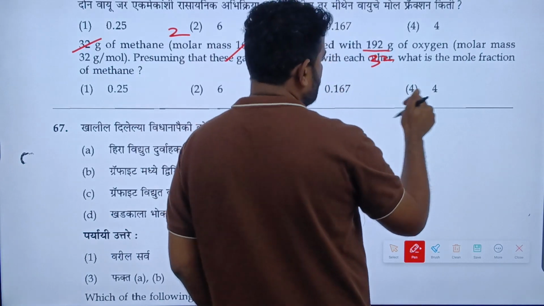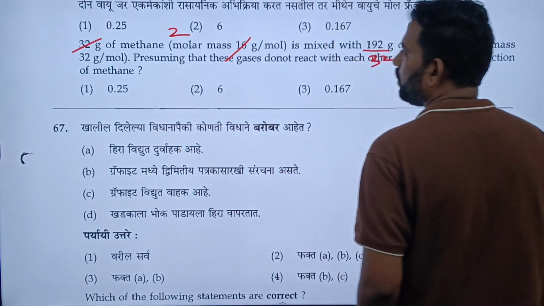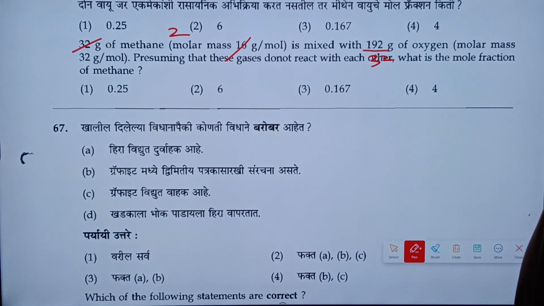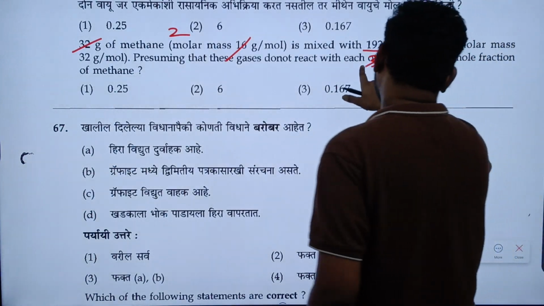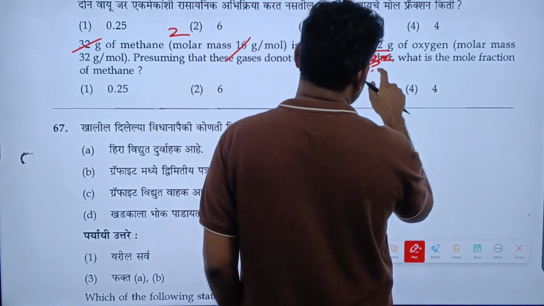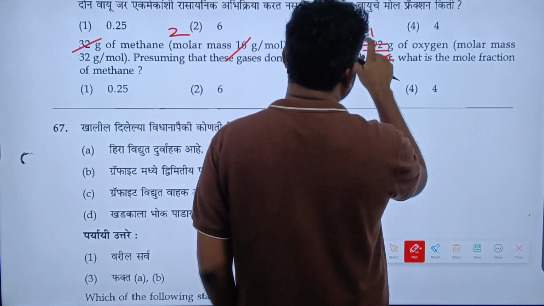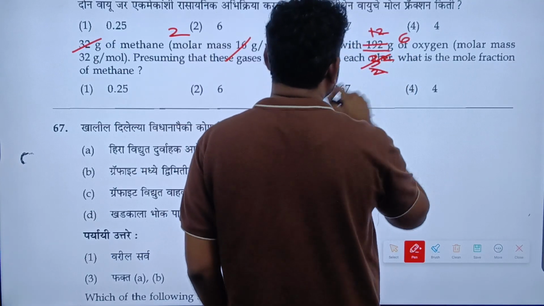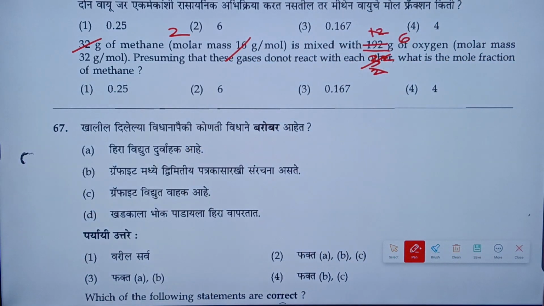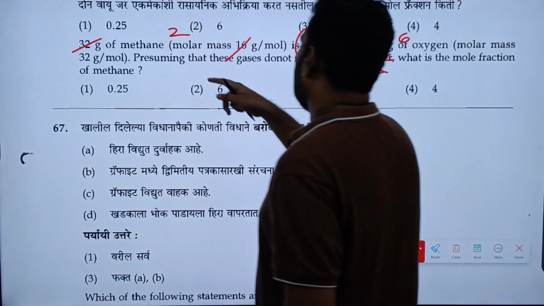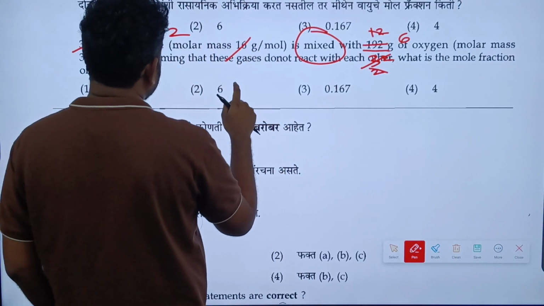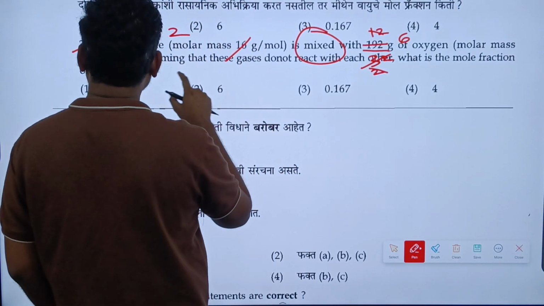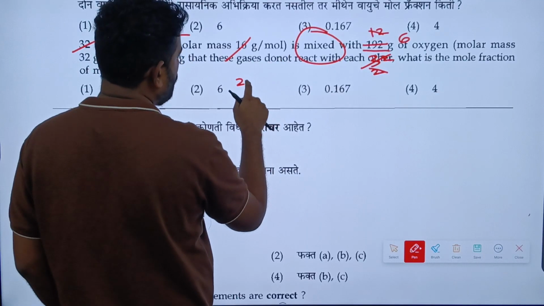192 divided by 32. 32 gets cancelled, 16 ones are 16, and 16 twos are 6. Presuming that these gases do not react with each other, in the mix the mole of methane is 2 and mole of oxygen is 6.